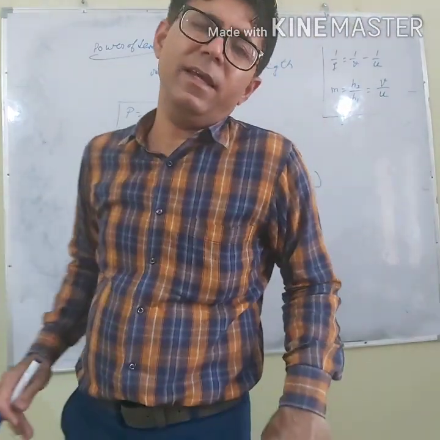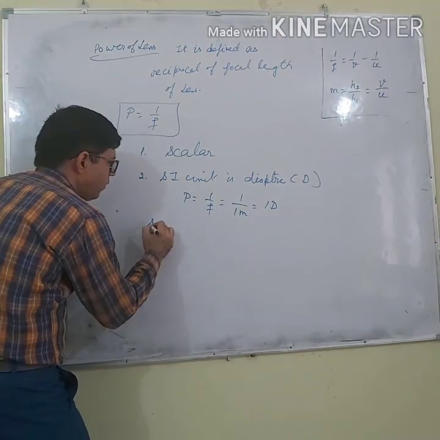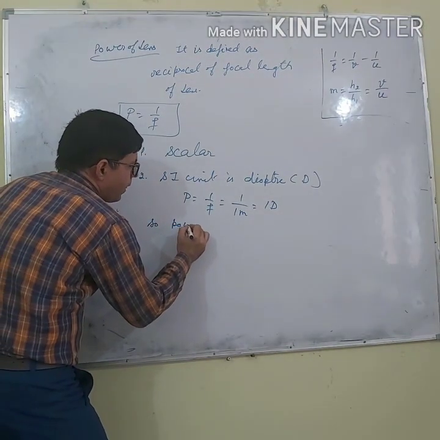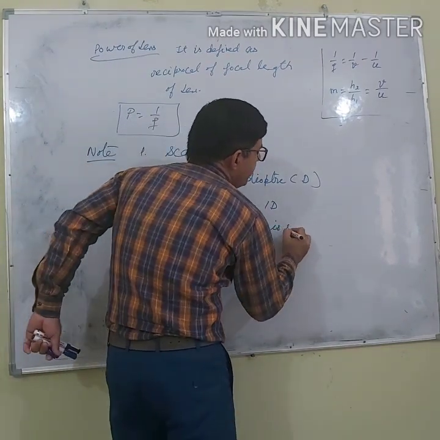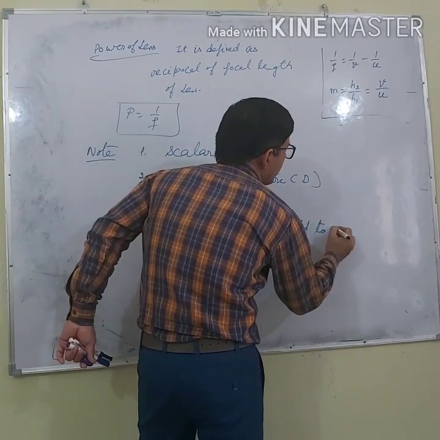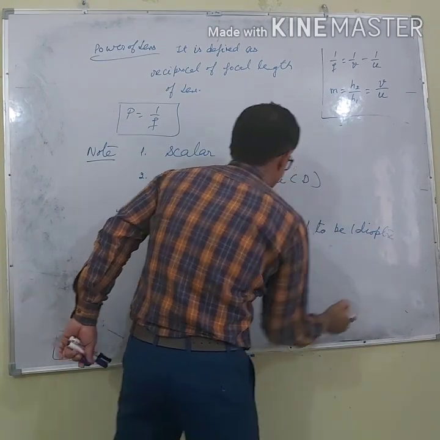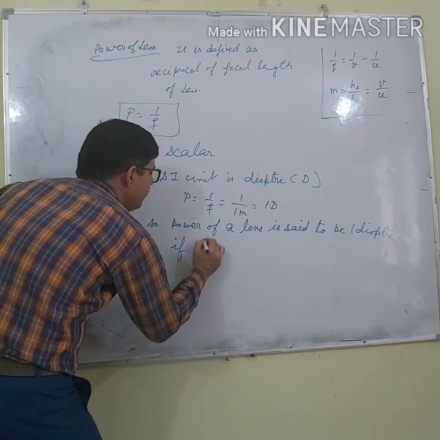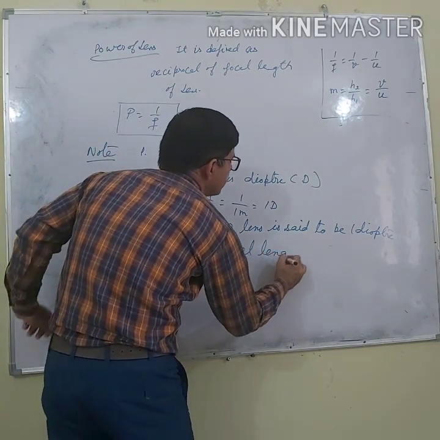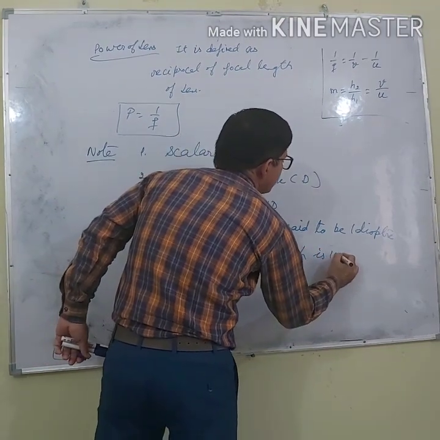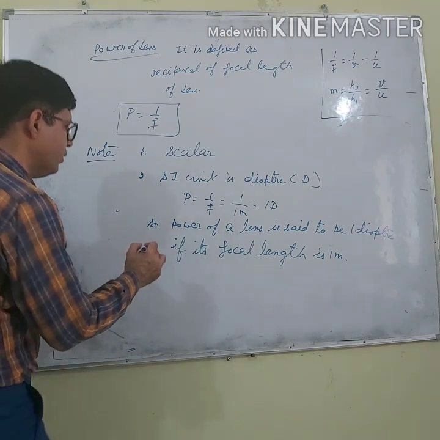If there is a lens whose focal length is 1 meter, then its power is 1 diopter. Right? So this is the definition of the diopter.